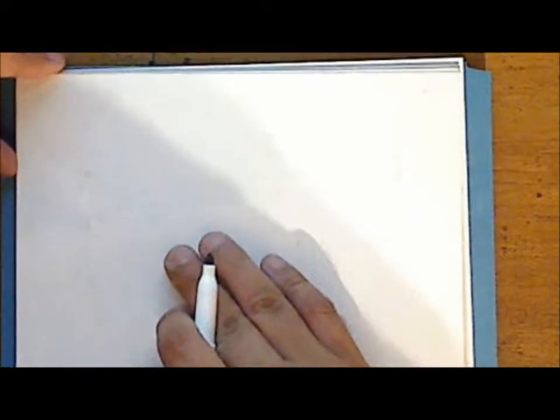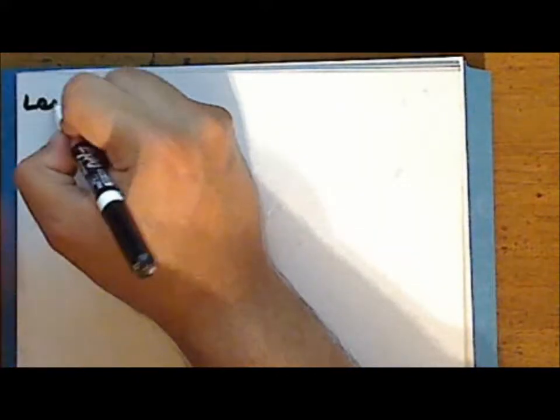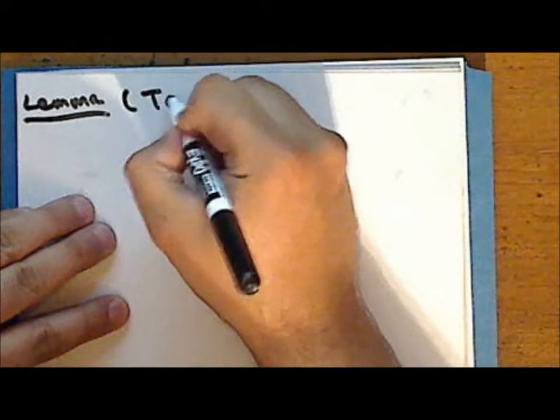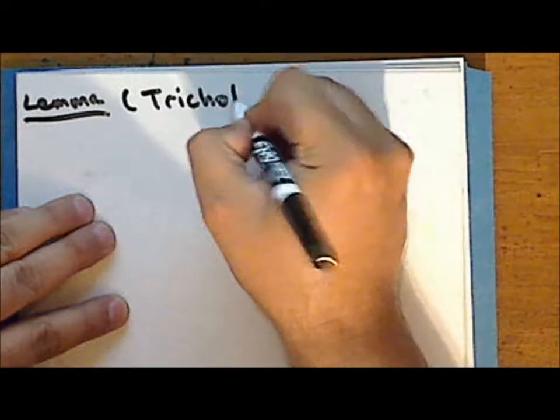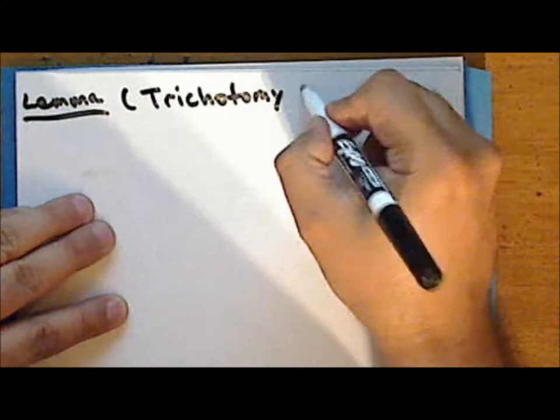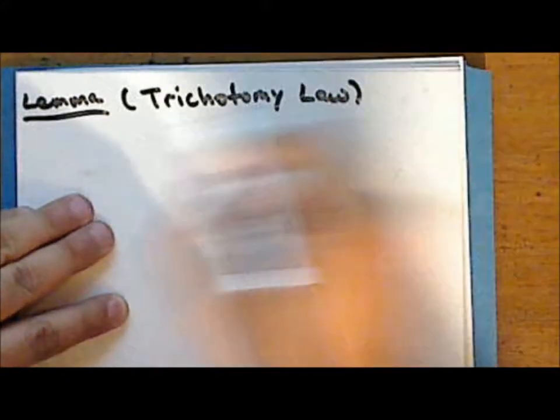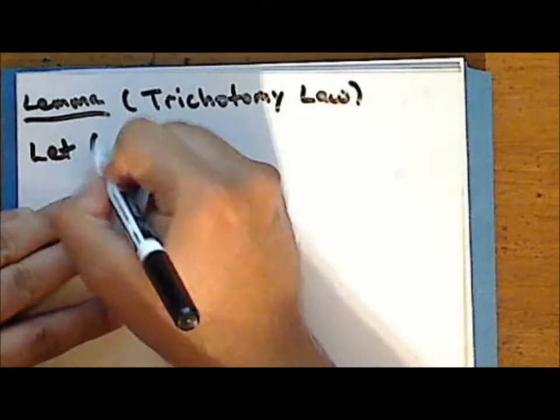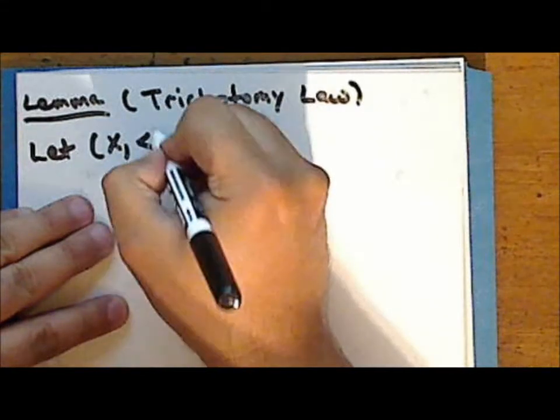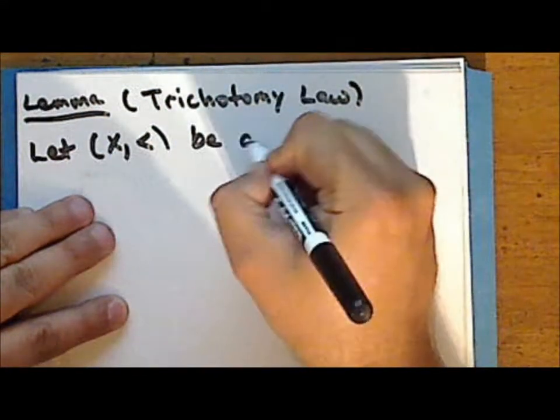So next, as a lemma, we will prove what is known as the trichotomy law. Let the set X together with the relation less than be a simply ordered set.